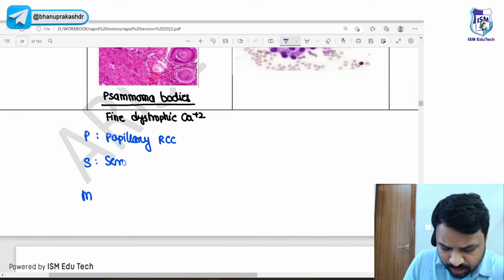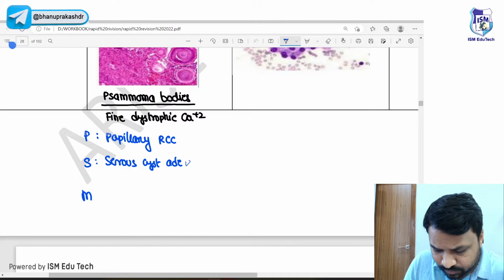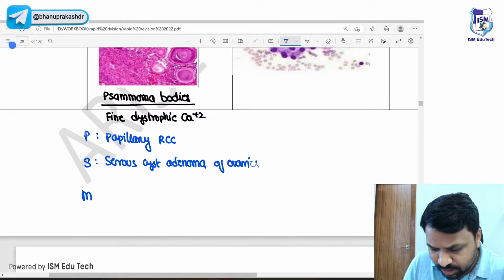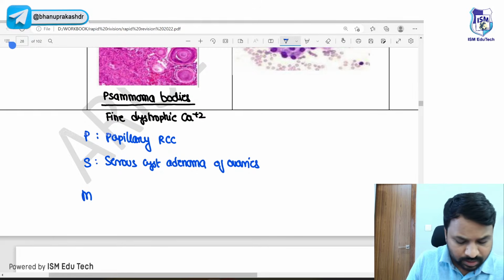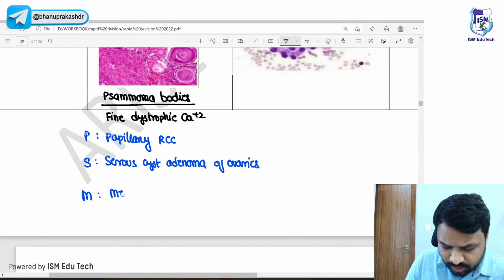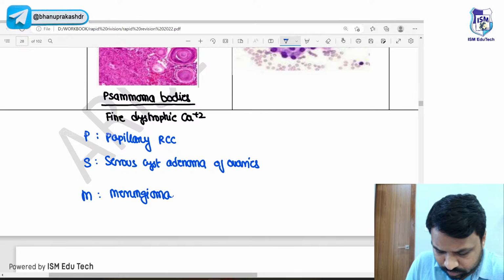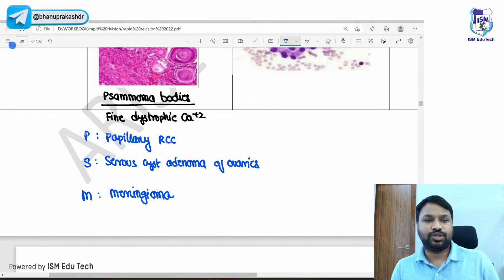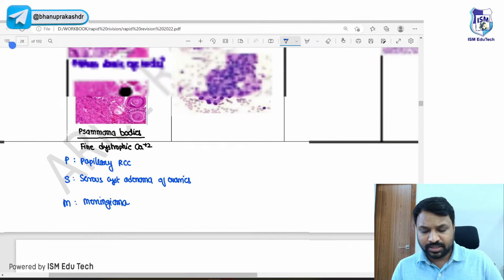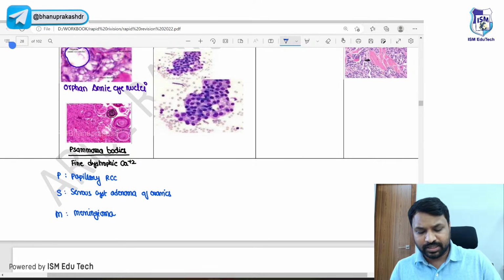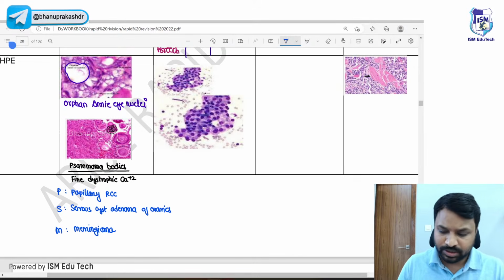Another one, it is your serous cystadenoma of ovaries. And M stands for meningioma. So papillary variant, serous cystadenoma of the ovaries and meningioma are the sites where you will see presence of psammoma bodies, right?